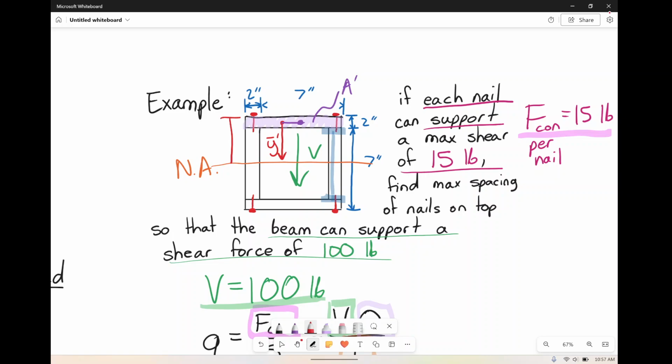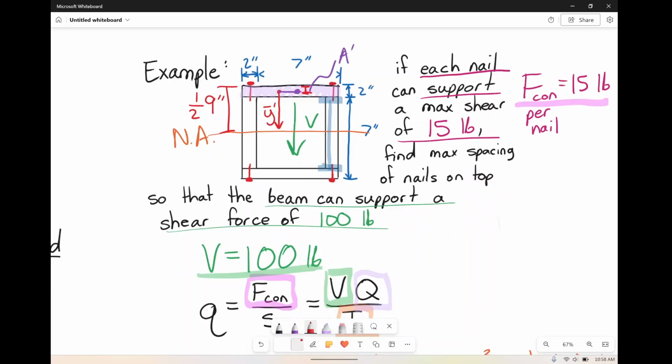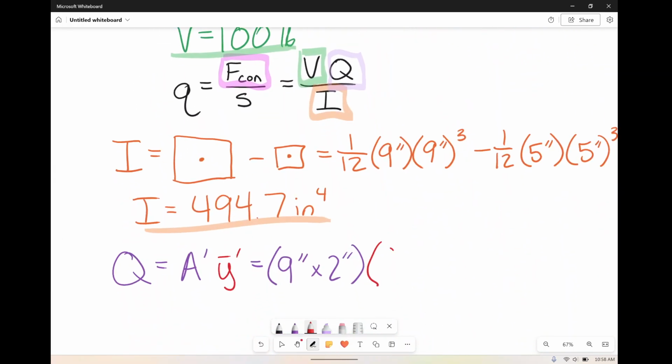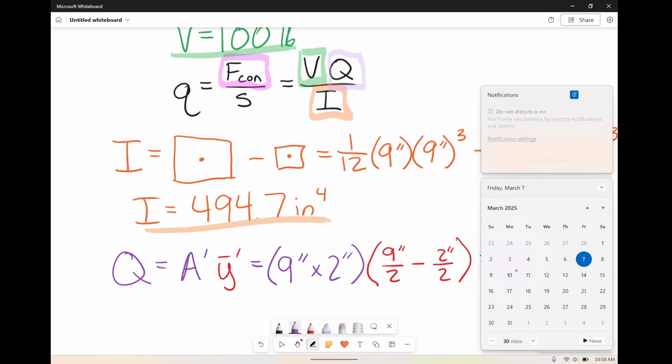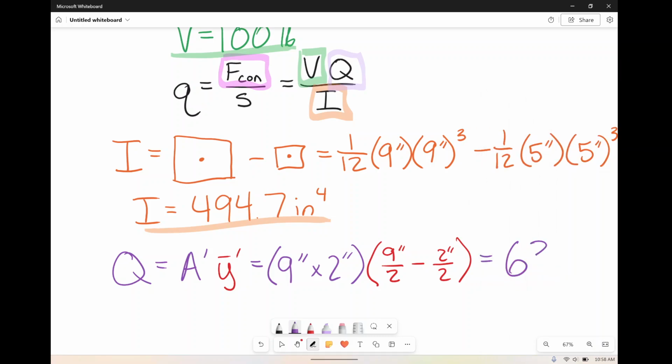Okay, so from the top down to the neutral axis is what? Half of 9 inches. And then the distance from the top down to his little center is half of 2. So I'm going to have half of 9 minus half of 2 inches. Multiply those together, and we're going to get Q. And Q is equal to 63 inches cubed.